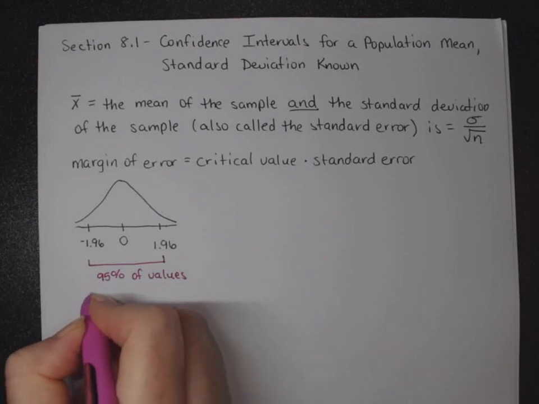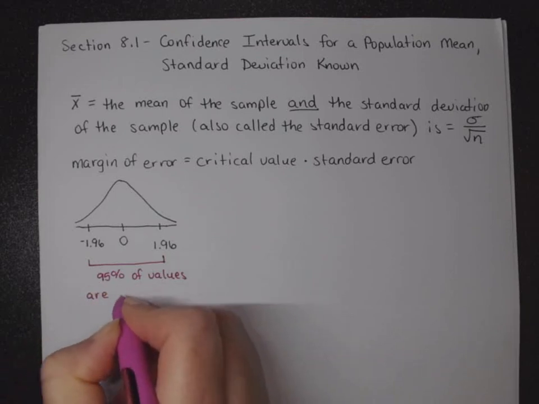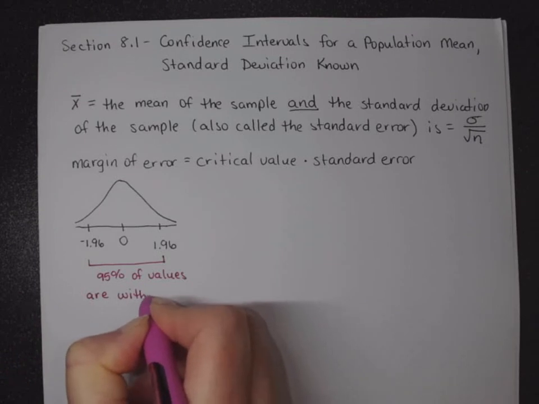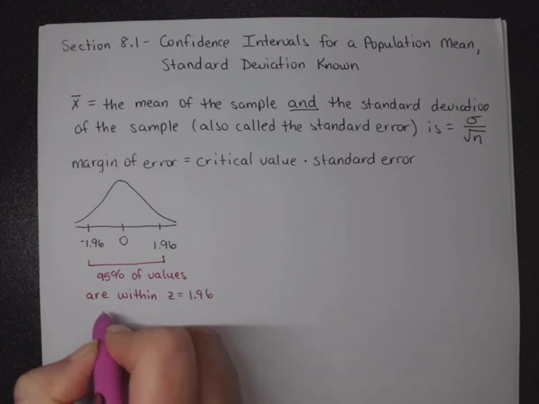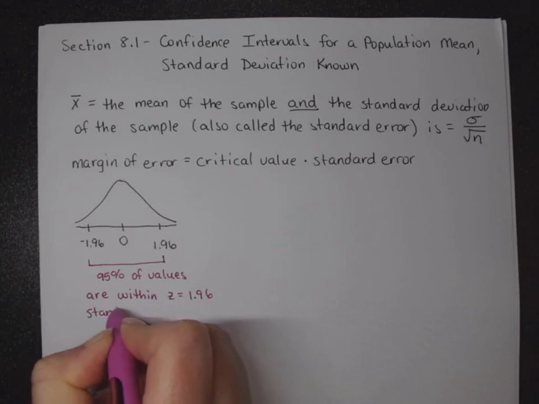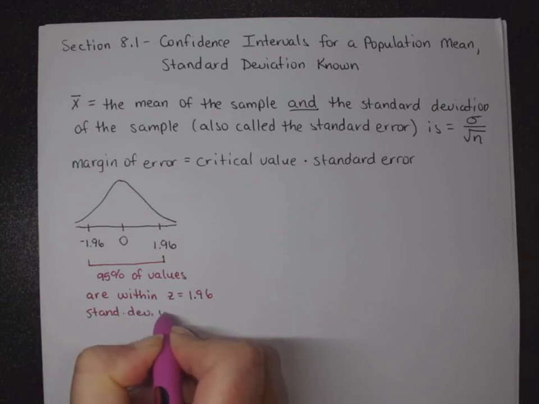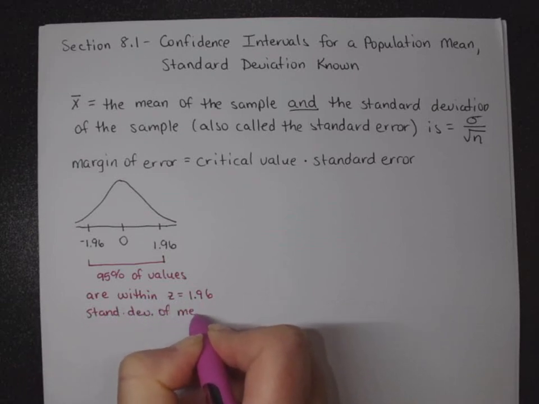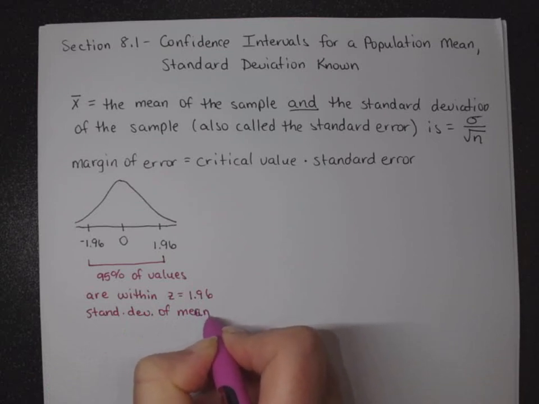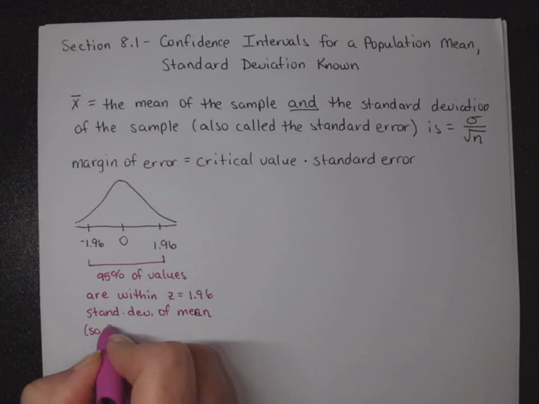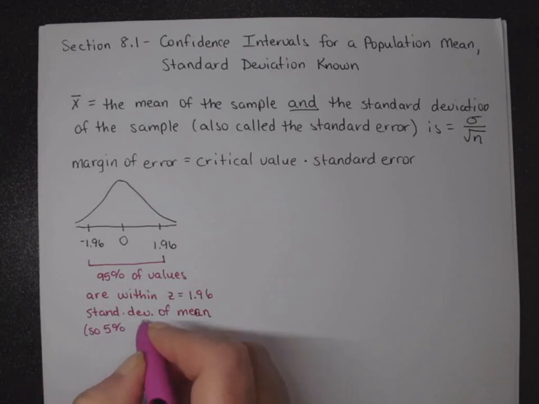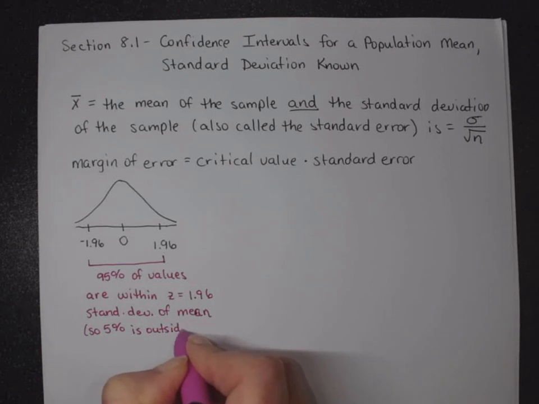So 95% of the values are within z equals 1.96 standard deviations from the mean. Okay, so what we can say is that 5% is outside of this interval, since 100% minus 95% is 5%.